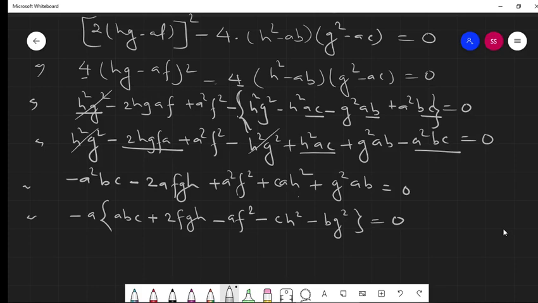Therefore a does not equal 0, so this term is 0. So abc plus 2fgh minus af square minus ch square minus bg square equals 0.